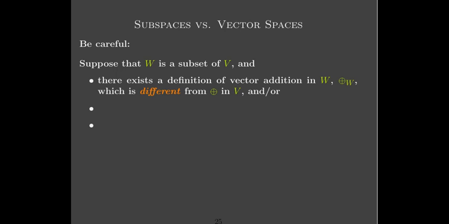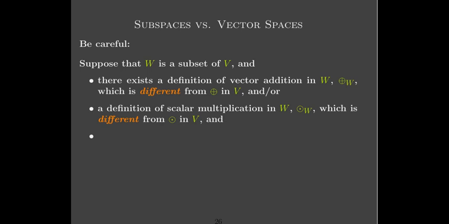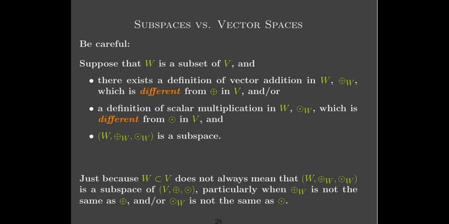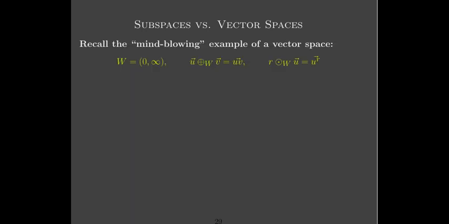So suppose I've got a subset, W is a subset of V, and we have a different vector addition in W than we do in V, or maybe a different scalar multiplication in W than we do in V. Then even if W with its new scalar multiplication and new vector addition is a subspace on its own, it may not be a subspace of V with the different vector addition and scalar multiplication.